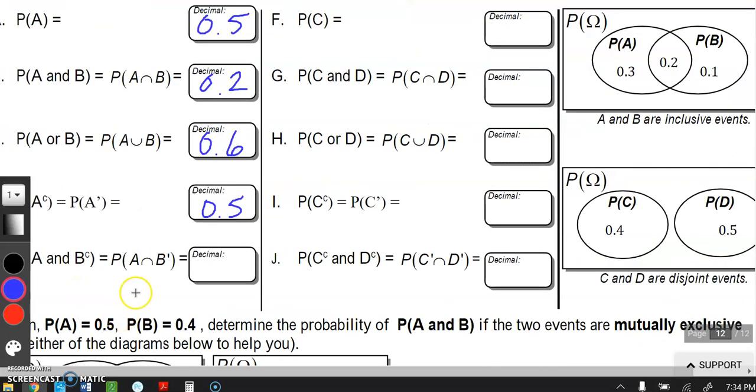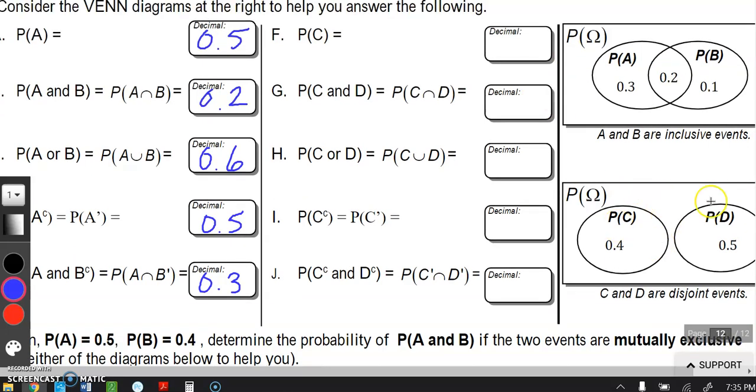And then A intersect not B, well, that's just stuff that's only in the probability of A, like without B. So that's going to be 0.3. Right, because we don't want that middle part.